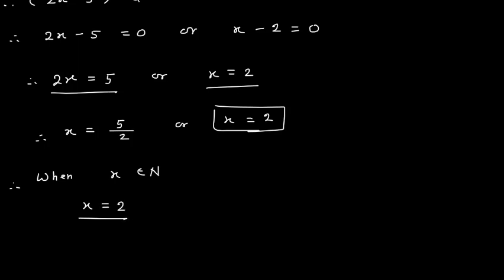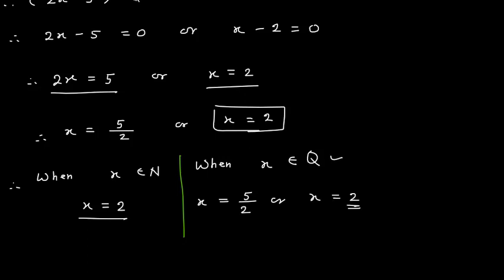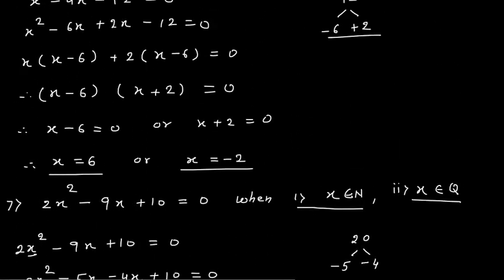And when x belongs to a rational number, then x is 5 by 2 or x is 2, because in rational numbers we have this 5 by 2 also and 2 also. Okay, this is our question number 7. Now let us proceed to question number 8.